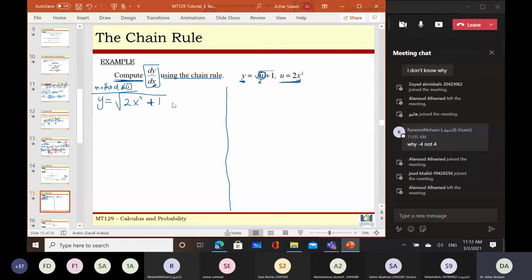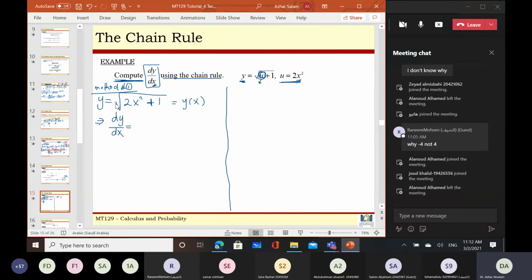Okay, so now I have a function y in terms of the variable x. So I can immediately find its derivative dy by dx. Okay, I will use the chain rule here.